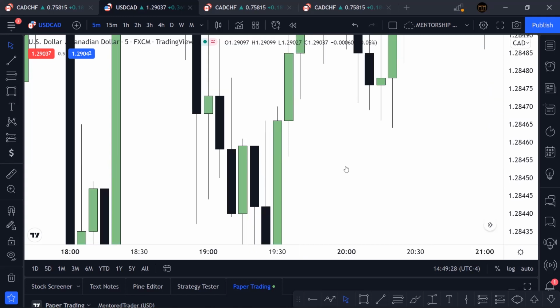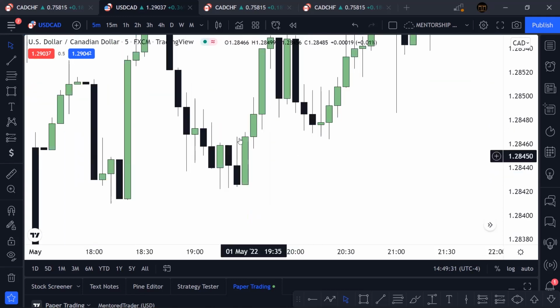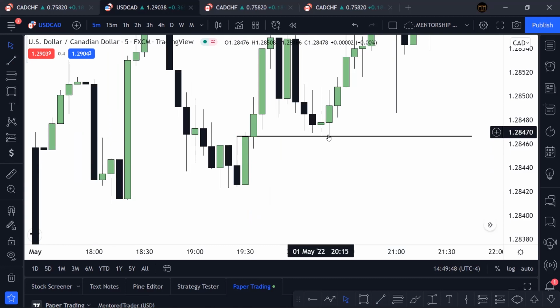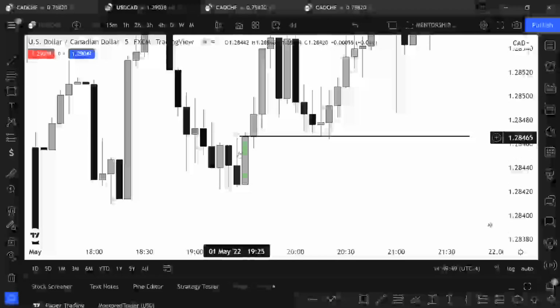Now in the future, price comes back to this same open, this high of the order block, and see what happens. Now you saw this candle was engulfed. What do you do? You buy here.